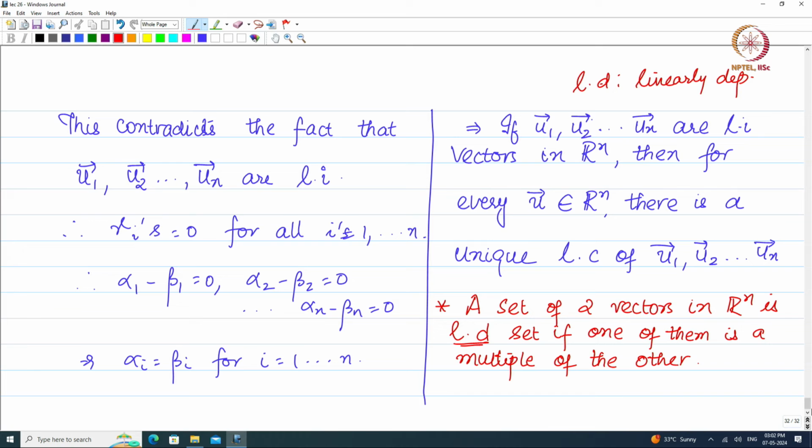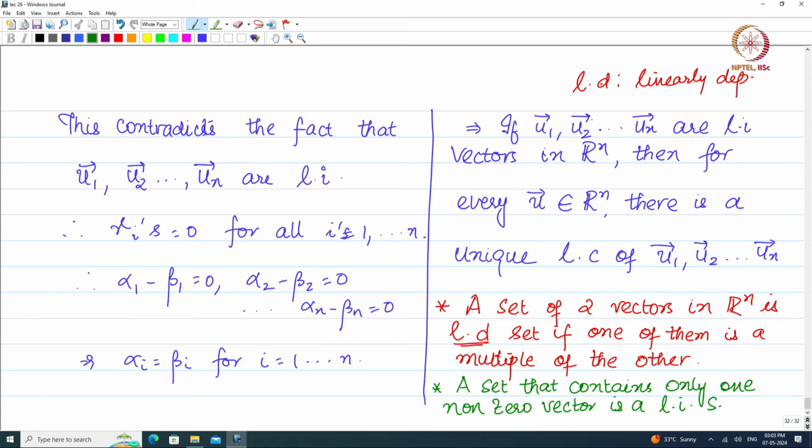And we are going to make one more interesting observation. A set that contains only one non-zero vector is a linearly independent set.